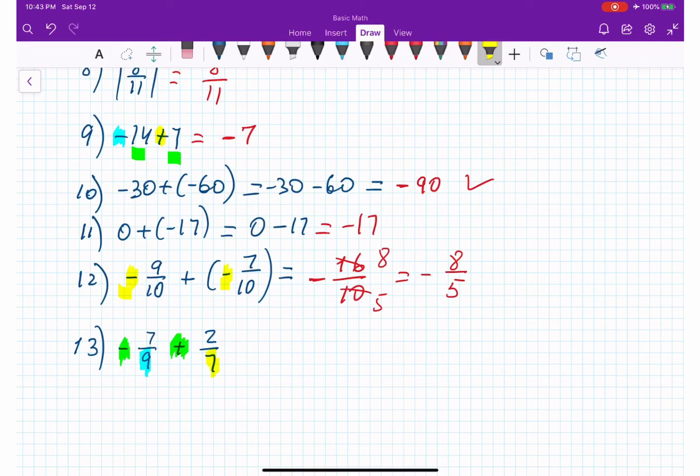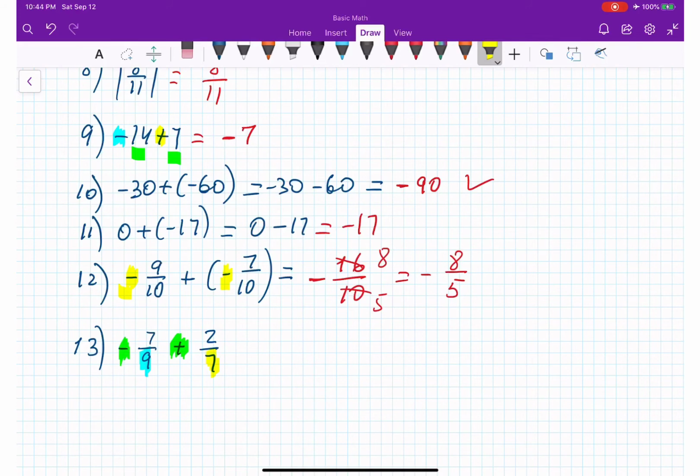So 9 and 7, what's a number that you can divide by 9 and you can divide by 7? It's going to be 63. Again, whoever needs explanation, you go to basic math. There is a GCD video with title GCD where I explain how to find common denominator.